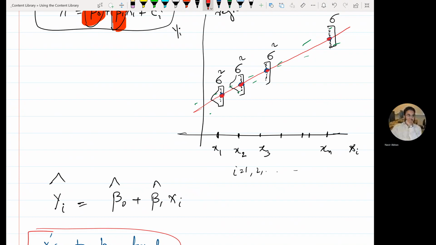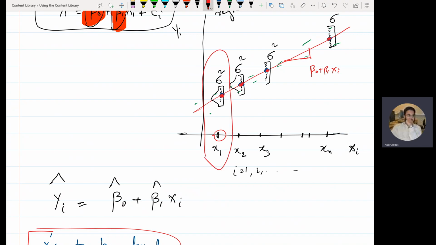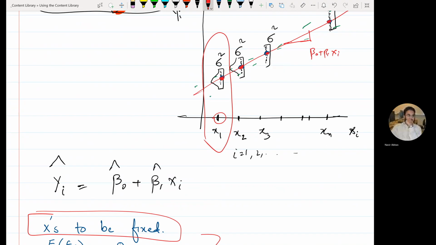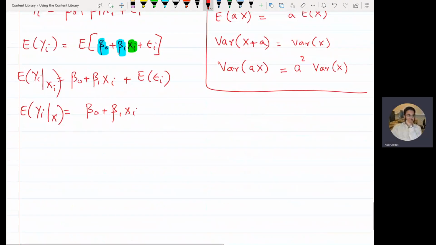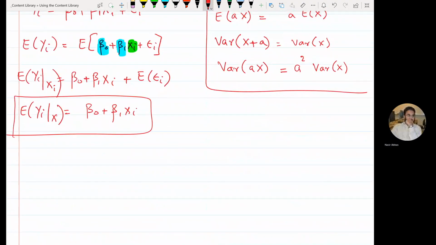Which means if this line is beta naught plus beta 1 x, the mean of y when x is x1, you just plug x1 inside and you will get the mean of y for this subpopulation. Plug x2 into the line and you will get the mean. Plug x3 into the line and you will get the mean, and so on. This means we are after this line.